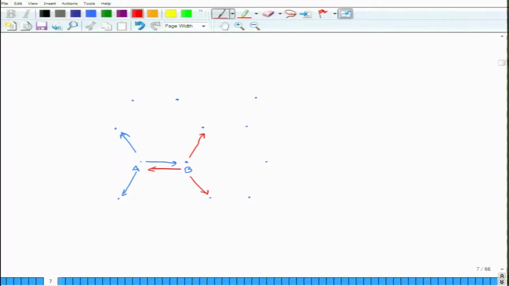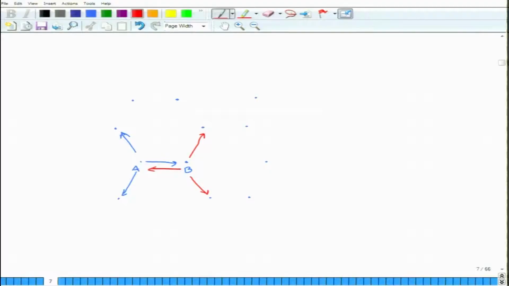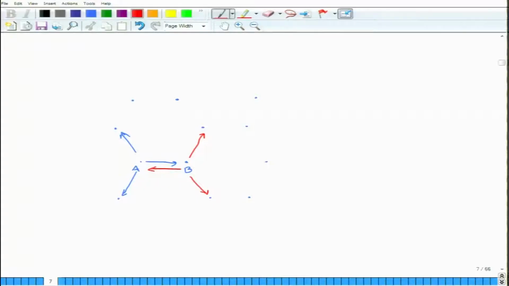It is not. For A, you see 2 neighbors on the left at a certain angle and certain direction and one neighbor on the right in a certain direction. The distances are the same, but the directions are different. For B, you see 2 neighbors on the right, one on the left. Okay. So, it is kind of a mirror image, but it is not identical. So, this is not periodic.